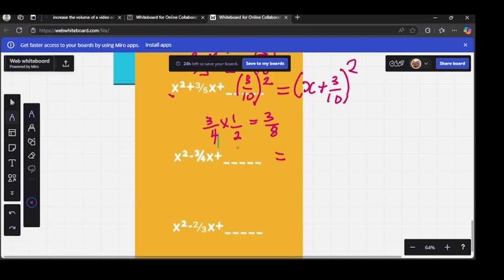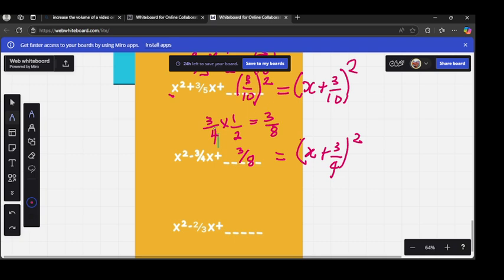So I'll now add 3 over 8 here. Then this is a factor of x plus 3 over 4 all squared. Now, do you notice any mistake in what I did? How many mistakes can you spot from what I just did?